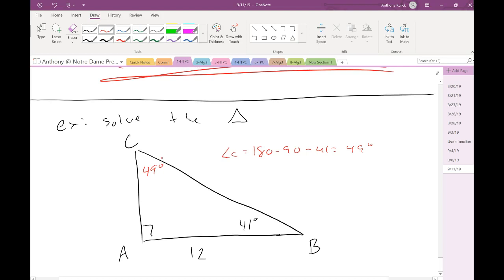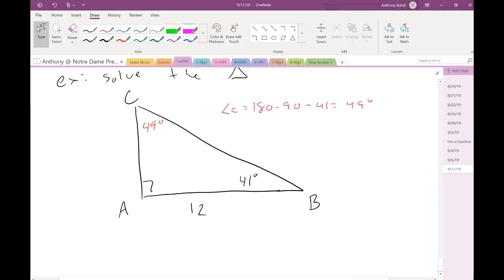Now what? Let's find one of the three sides. Which side do you want to look for? CA. Okay, I'm going to call that X for our sake. Now we need to pick an angle. Which angle do you want to use? 41. Okay. So we need a trig ratio that includes opposite and adjacent.